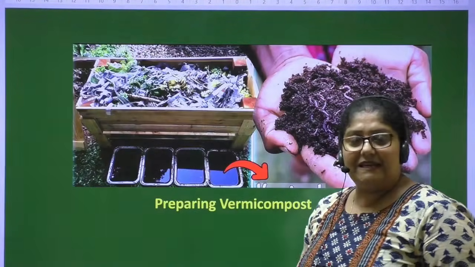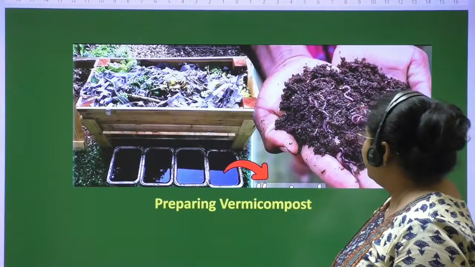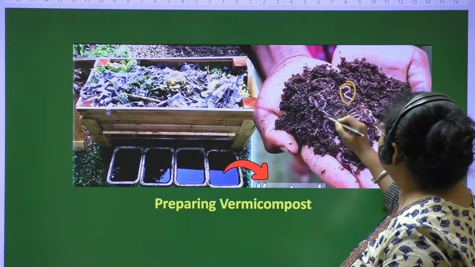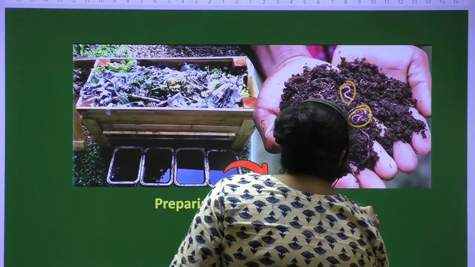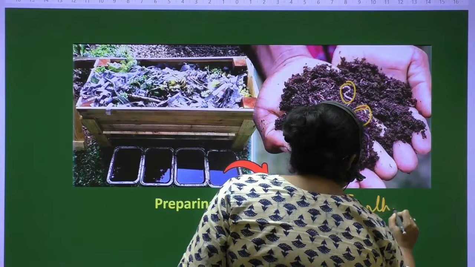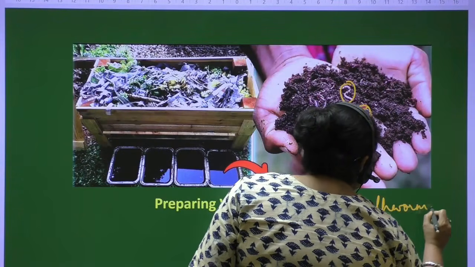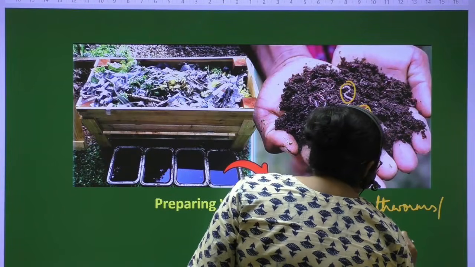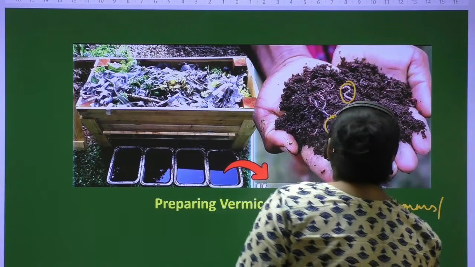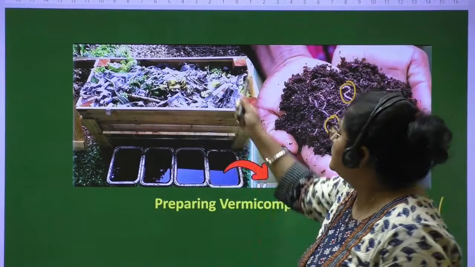This is a slightly different way of making a compost, where you're using these creatures. What are these creatures? These are earthworms, also commonly called redworms. Earthworms or redworms, the same thing.